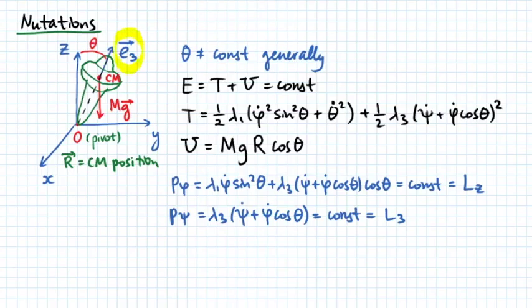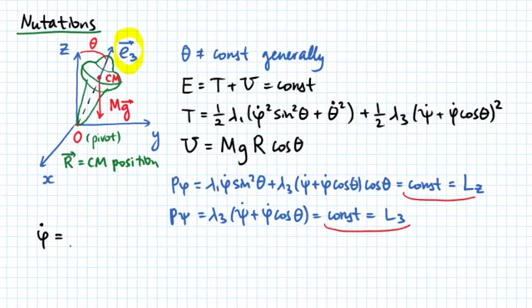Let's use this knowledge about preserved momenta components to simplify how energy conservation looks. In particular, from the first expression, from Lz being constant, we can write phi dot.